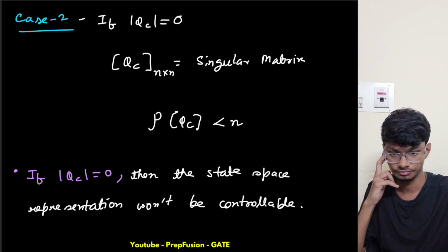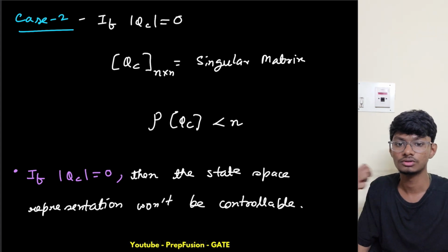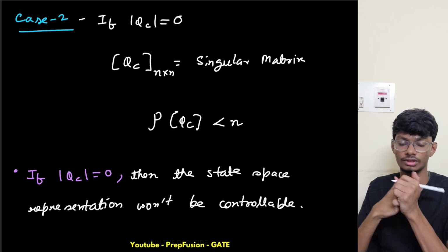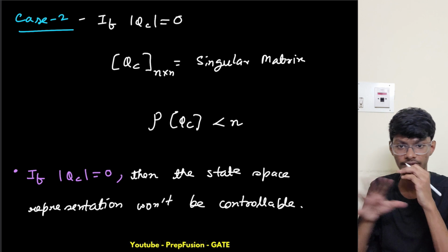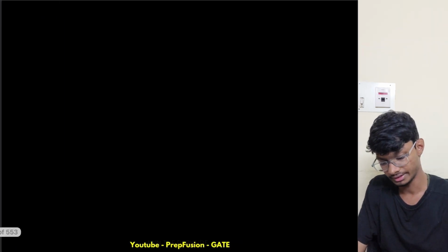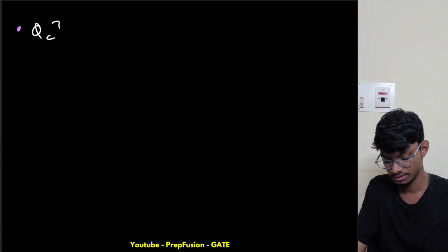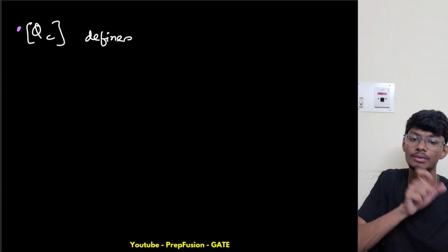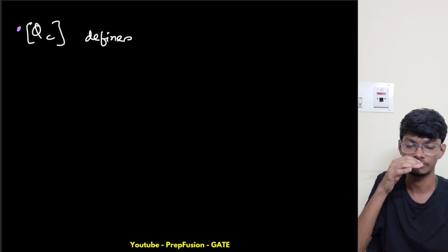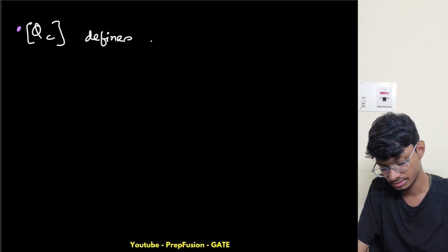Okay, so what does this QC mean? QC is a function of A and B. It defines the relationship between input and state variable. I forgot the name of this matrix, whatever, this QC defines the relation between the input and the state variable, because it is defined with A and B and the change in state.